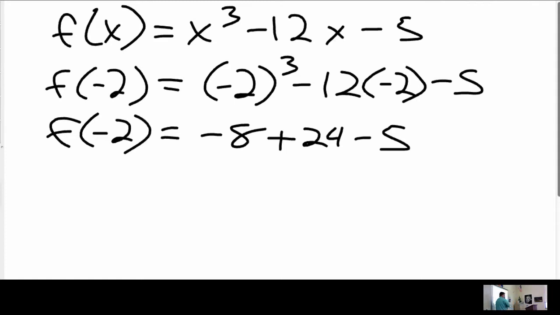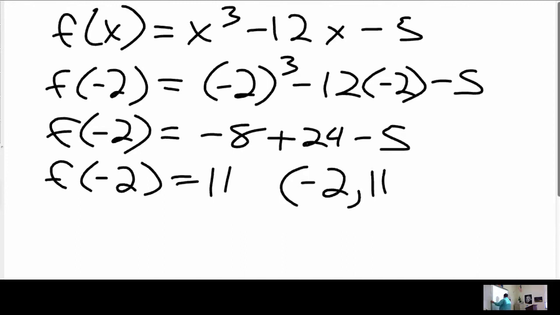Negative 13, what is that, 11? Is that what it is? Okay. So that means the point negative 2, 11 is going to be on my graph. And what did we say that was? A max, right?